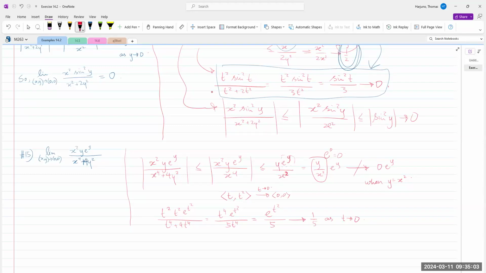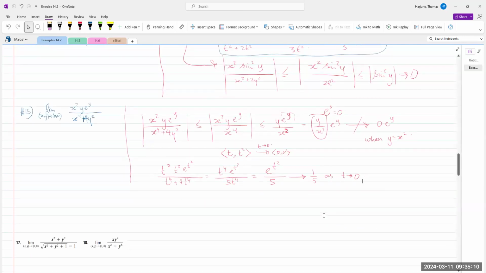But we know along the x-axis, along the y-axis, we get the limit is 0, right? Okay, so we get the second path already. Let's execute that.